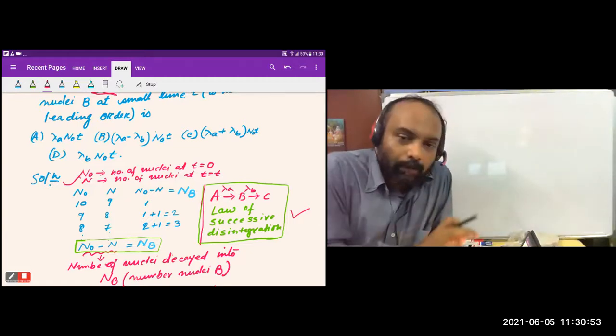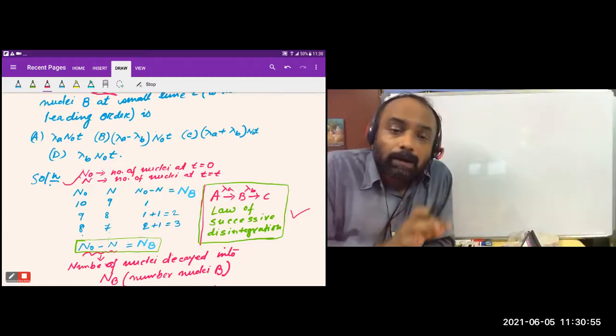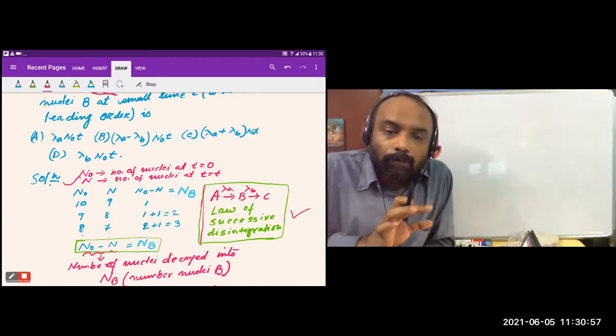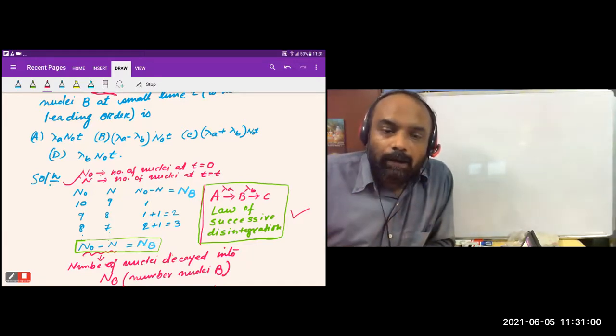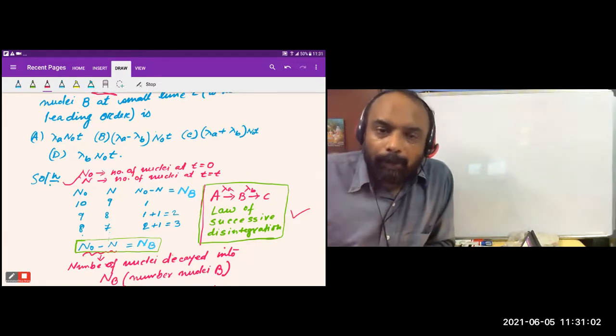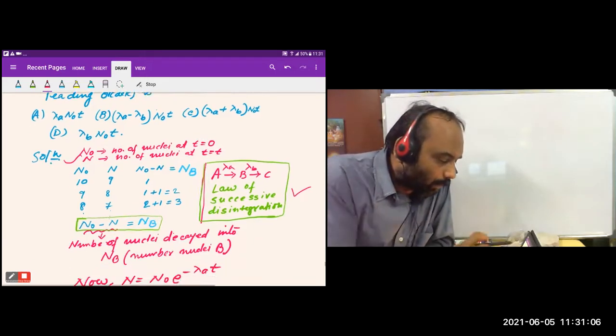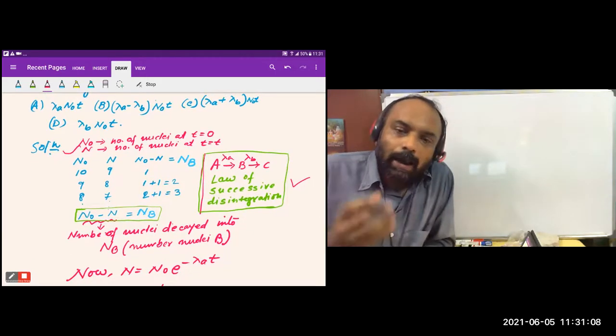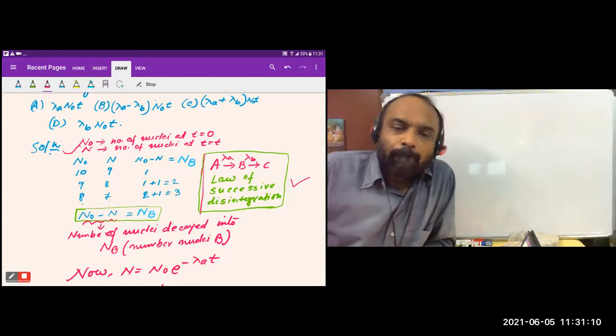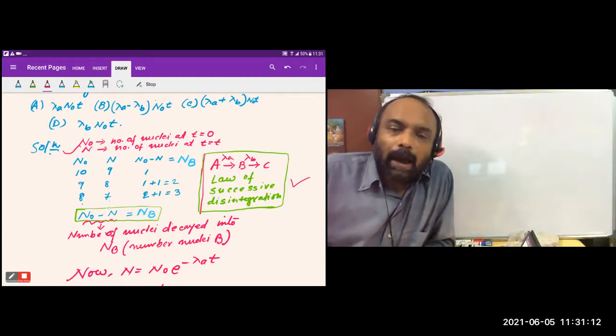I have made a table to understand how we are getting nuclei B from nuclei A. Suppose I have 10 nuclei at time t equals 0.